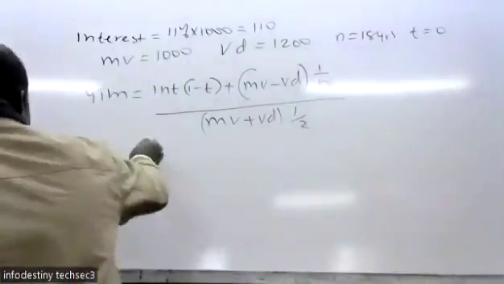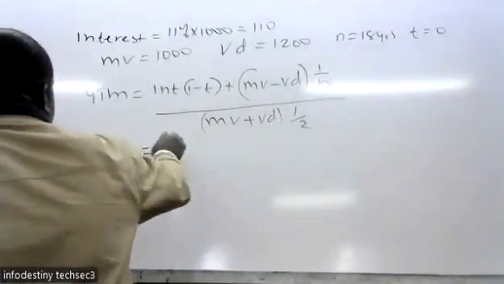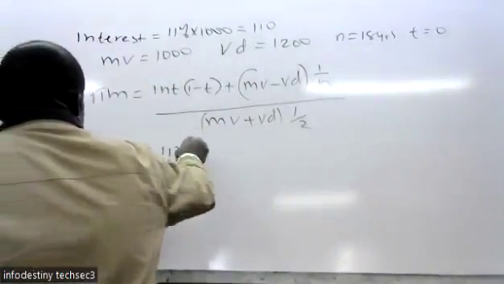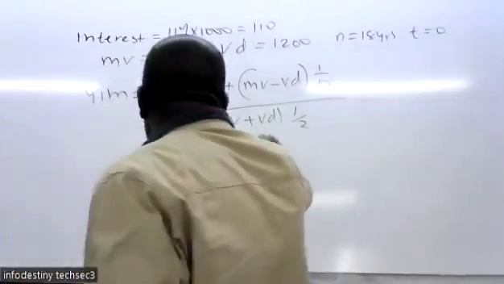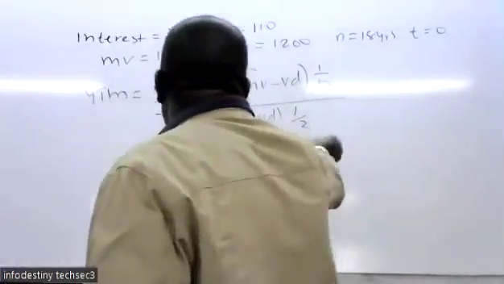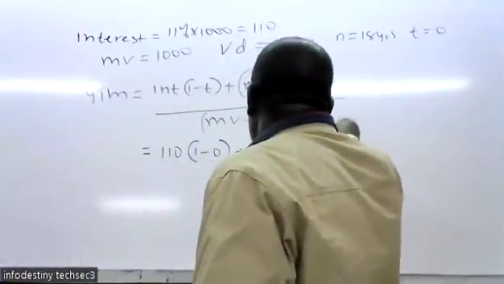Interest is 110, there was no tax, maturity value is 1,000, and current value is 1,200.